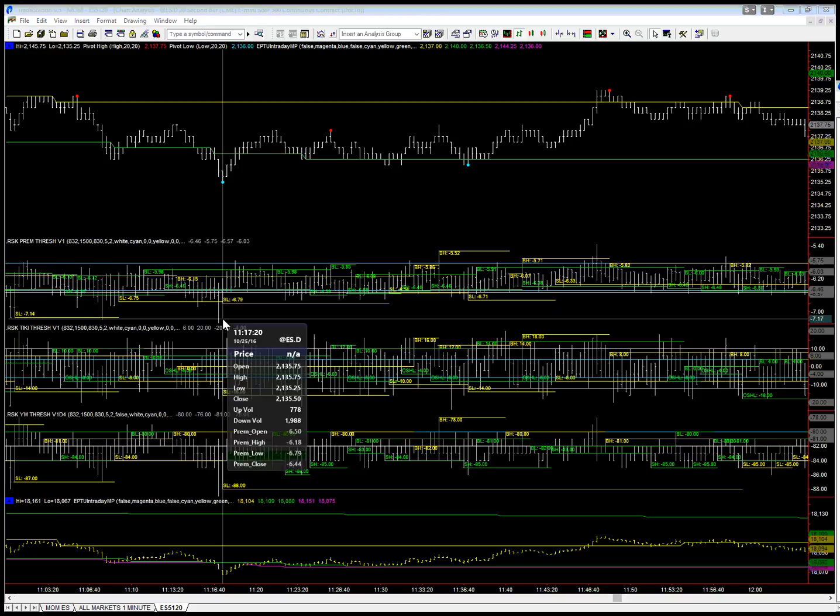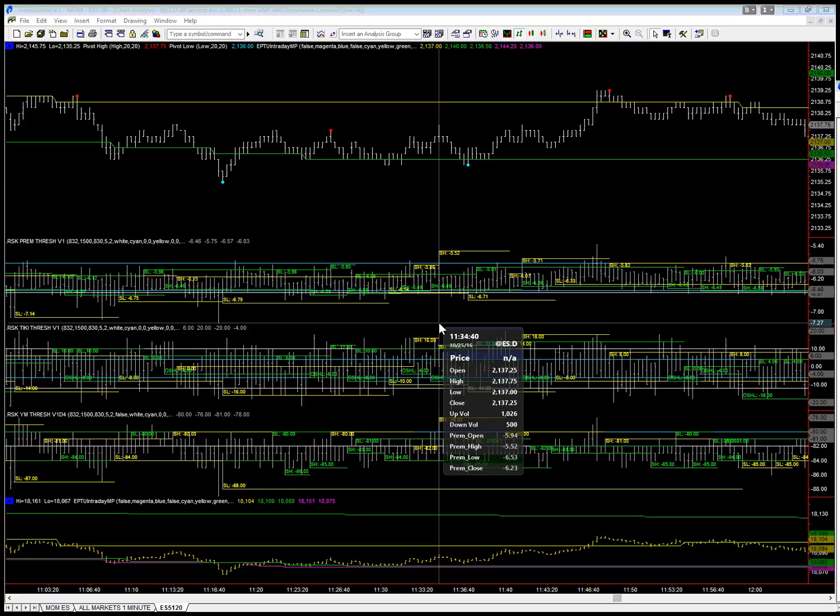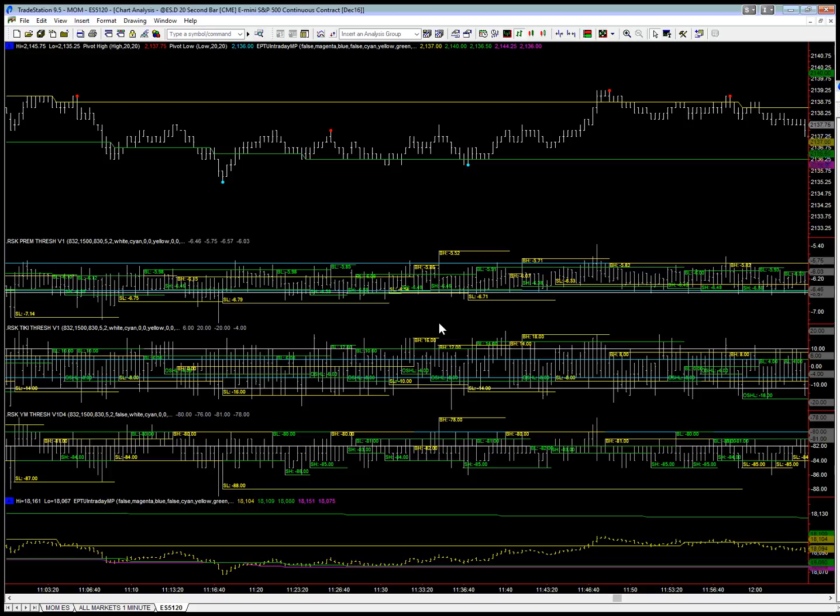All these are divergent. Is it any wonder that this begins to move up once again? And as it does, we get this nice spike up, another good size spike up on the premium. That's a fairly good indication, both on the YM as well as the ES, that this market is going to continue to move back up.